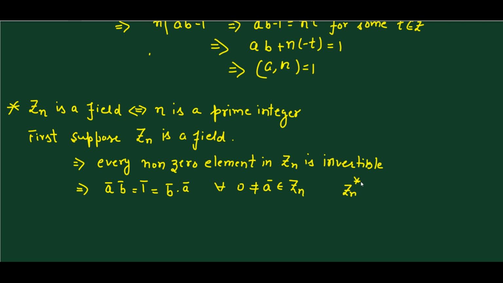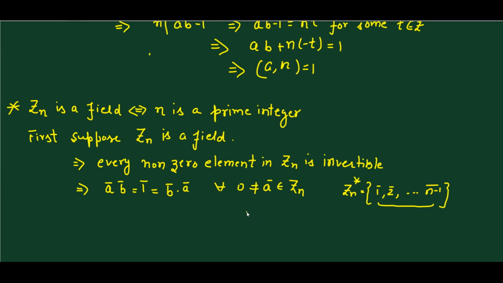The non-zero elements of Zn are the classes of 1, 2, up to n minus 1. So if a is any element from these classes, then that is invertible. What does it mean?